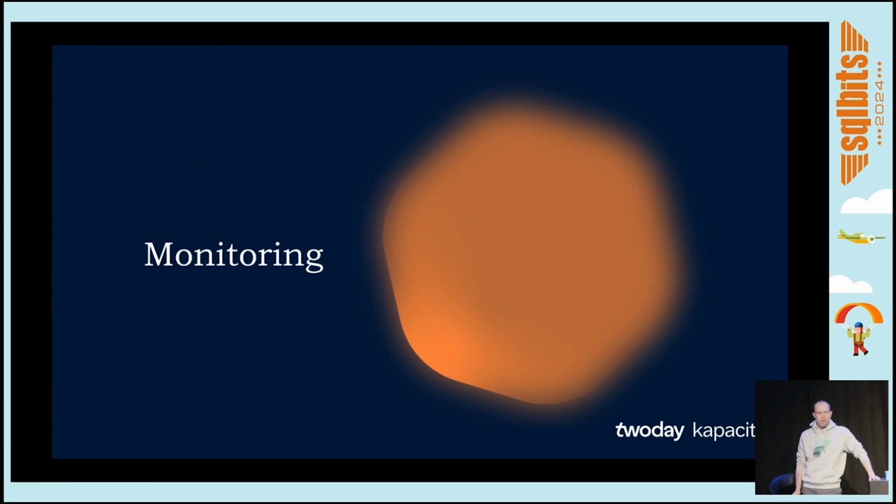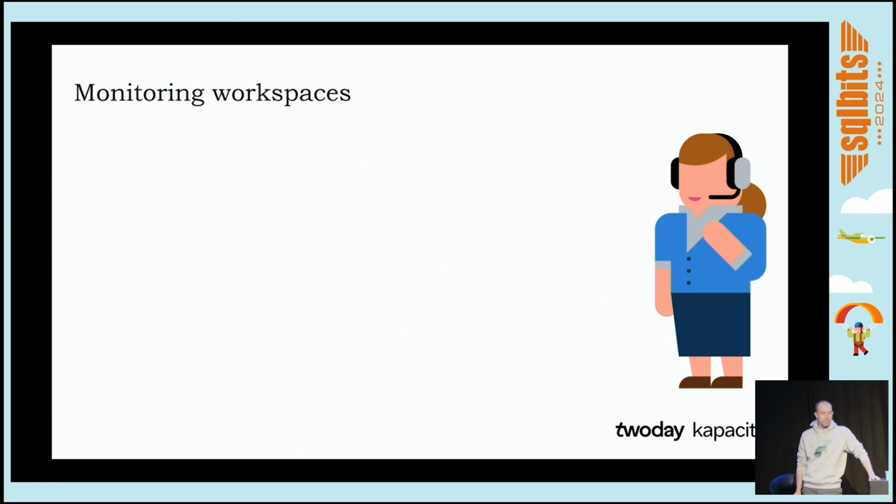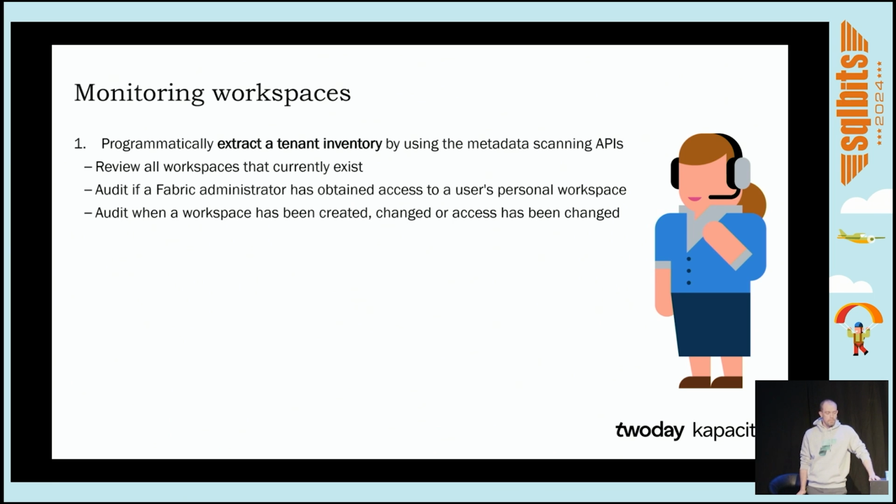So, for monitoring workspaces in Fabric and Power BI, we have some different options. The first one, the more advanced one, is going in and extracting the full tenant catalog of all the different workspaces that you have in your tenant. This is not an option Microsoft supports very easily, so we have to do it ourselves, and there are different options for doing it.